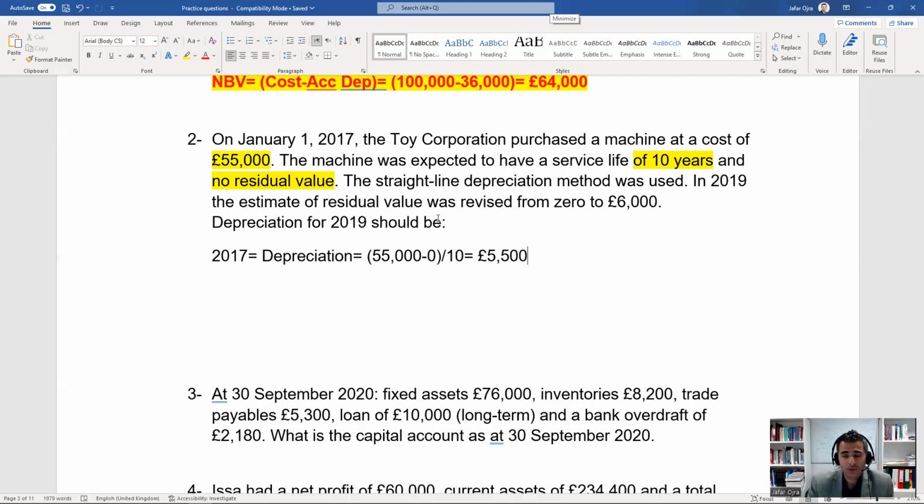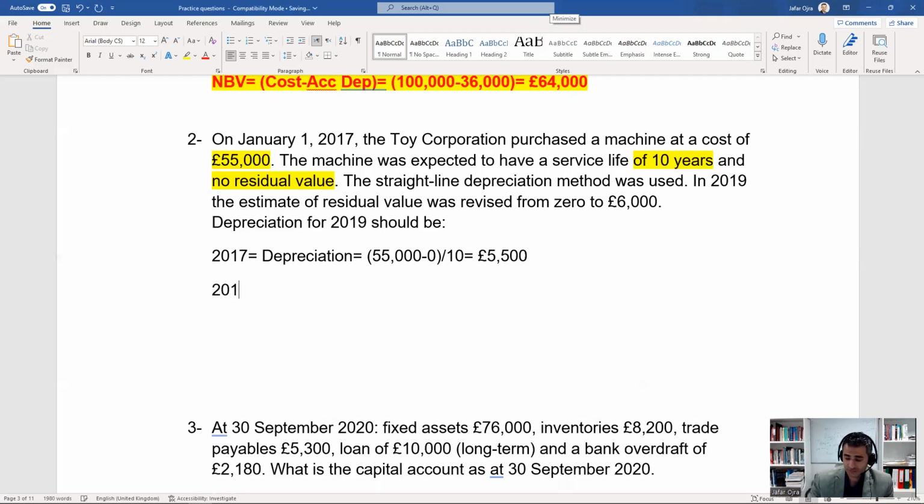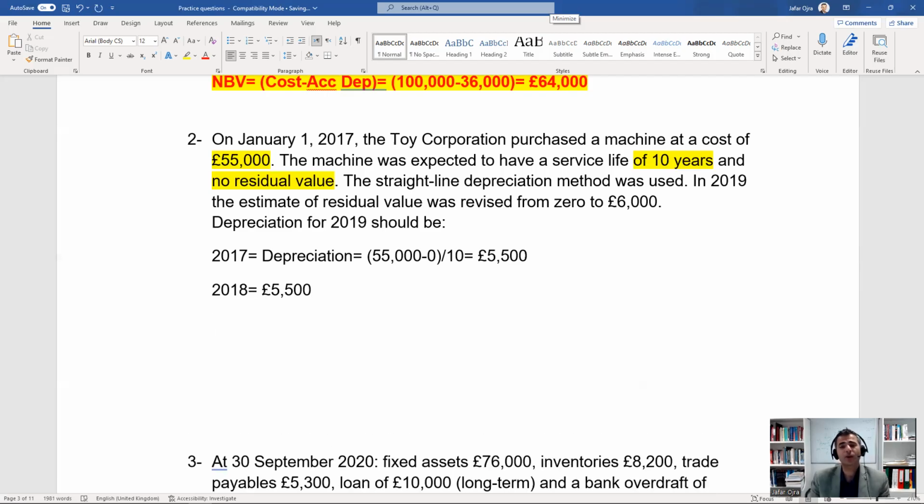But now, what happened here? In 2019, the estimated residual value was revised from 0 to £6,000. So you need to calculate the depreciation for 2019 now. Depreciation charge in 2017 is £5,500. In 2018, same, it's 5,500. But what happened in 2019, guys?